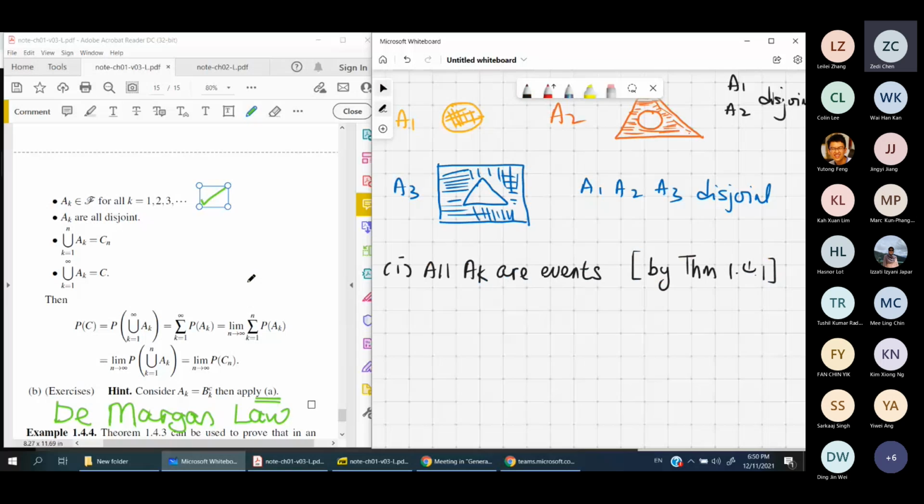So theorem. Okay, next, number 2: all the AK are destroyed.